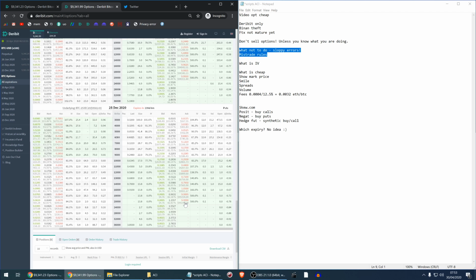And imagine that you buy this put. So it's an option which allows you to sell Bitcoin for $20,000 on the 25th of December. And looking at the pricing here, this person is offering you this option for $95,000.